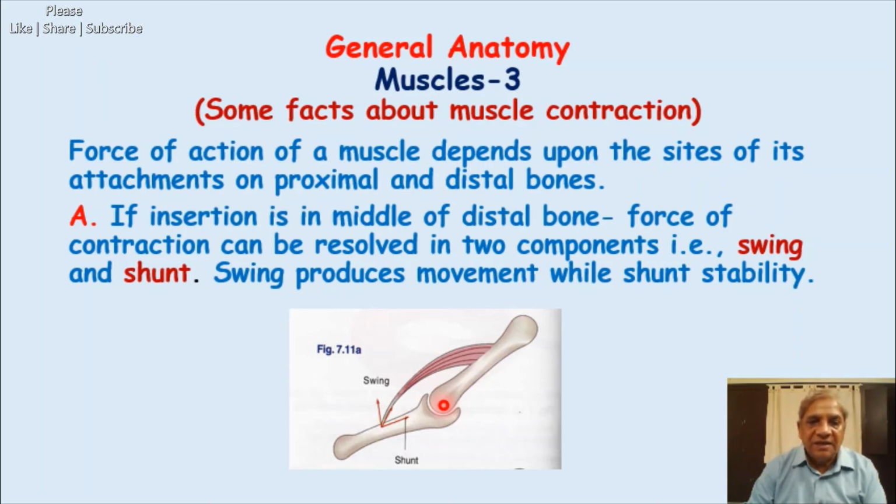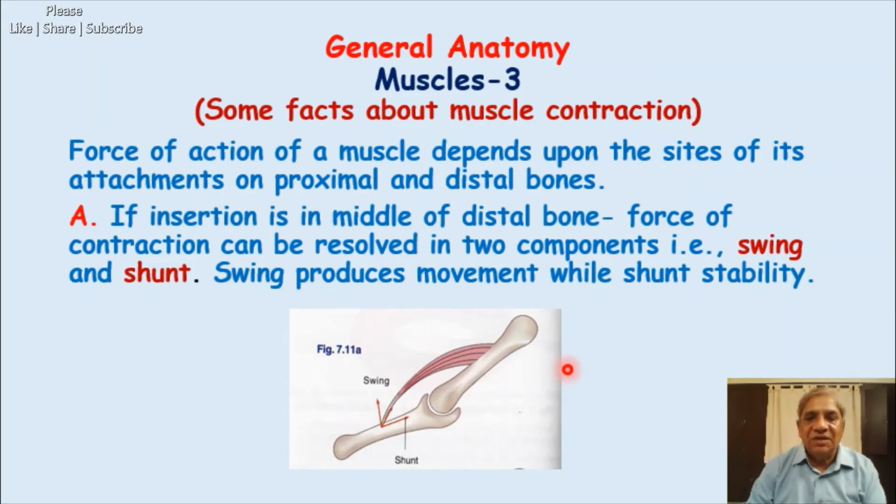I hope you have understood the two components, one is swing and another is shunt. Swing produces the movement at the joint, and the shunt produces the stability in the joint between the two bones which this muscle is crossing. It is the humerus and the ulna in this case. So remember these two components, swing and shunt.